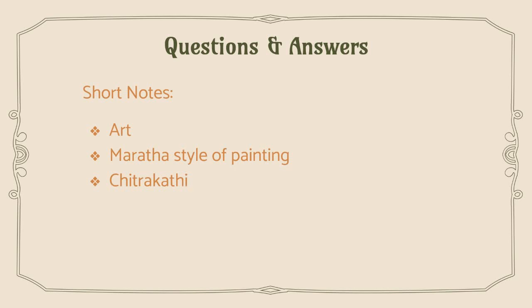The tradition of narrating stories from Ramayana or Mahabharata with the help of wooden puppets and paintings is known as Chitrakati or Pinguli tradition. These Chitrakati pictures are drawn on paper and painted in colors made from natural substances. It takes around 30 to 50 pictures to complete the narration of a single story.